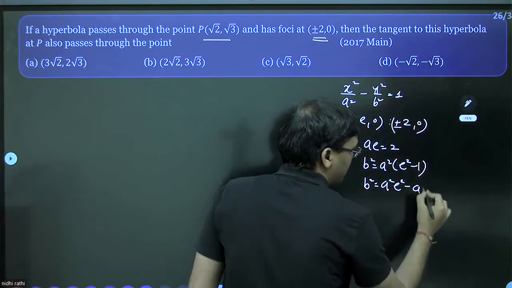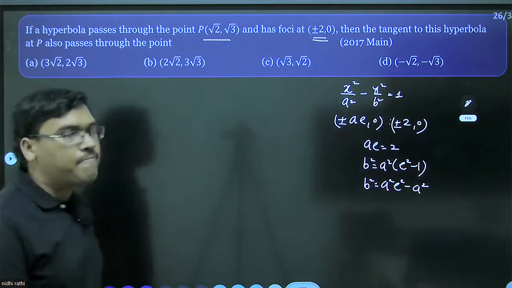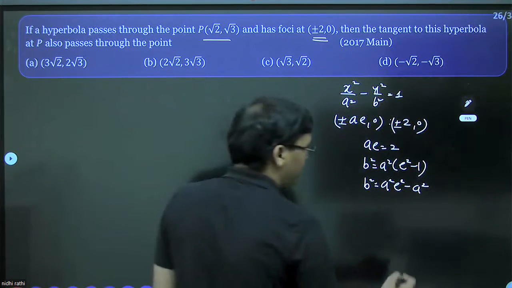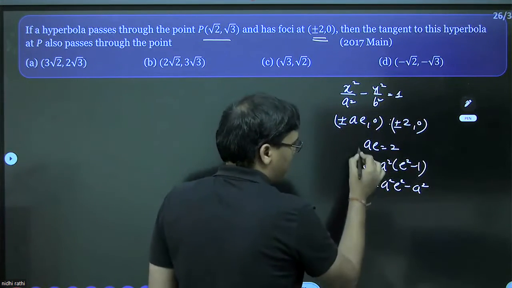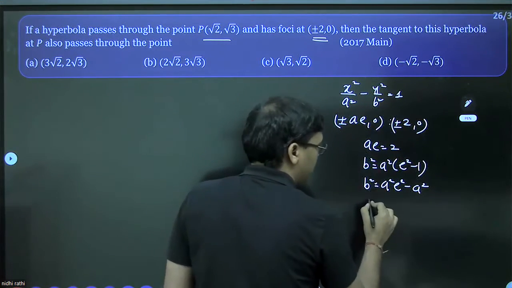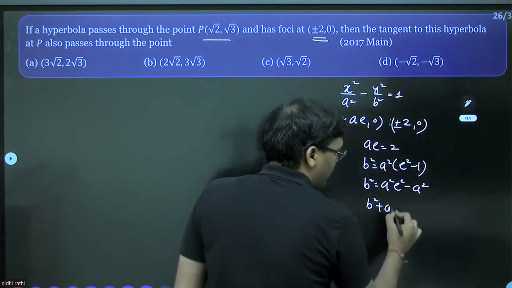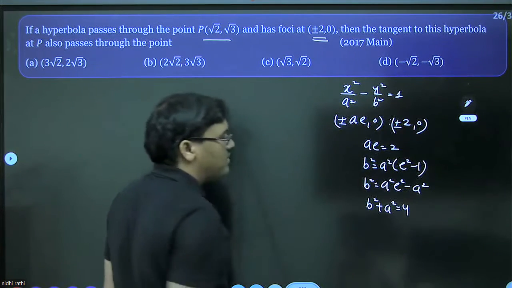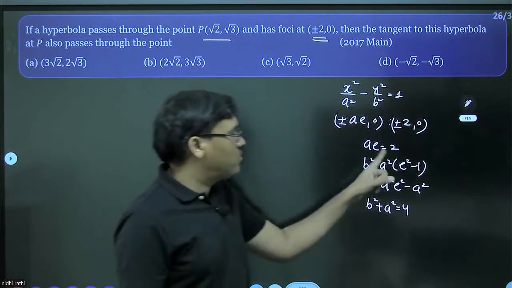And what is the third condition? It is passing through root 2 comma root 3. So let's first simplify this. If I put this here, this is B square plus A square is equal to A square E square, which is 4.